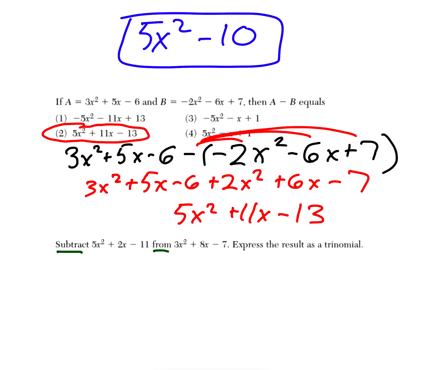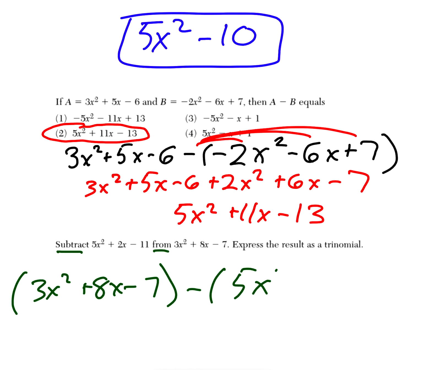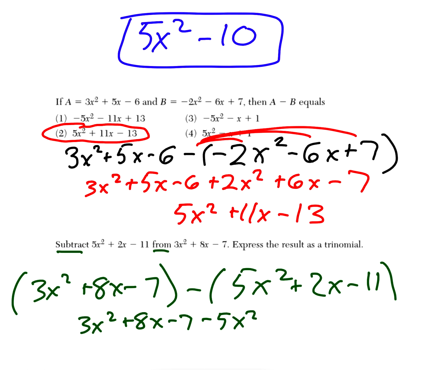If 5x squared plus 2x minus 11 is the one being subtracted from 3x squared plus 8x minus 7, that means 3x squared plus 8x minus 7 is first, and you're subtracting 5x squared plus 2x minus 11 from that polynomial. So make sure you distribute that negative all the way through that second parenthesis, so that'd be minus 5x squared minus 2x plus 11.